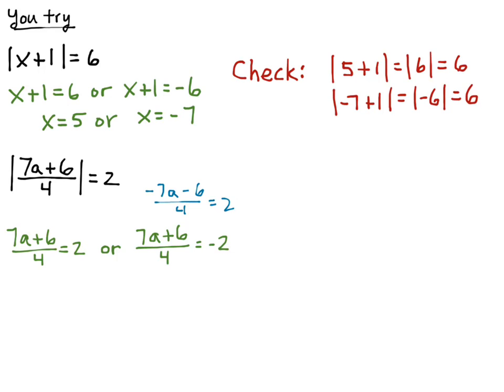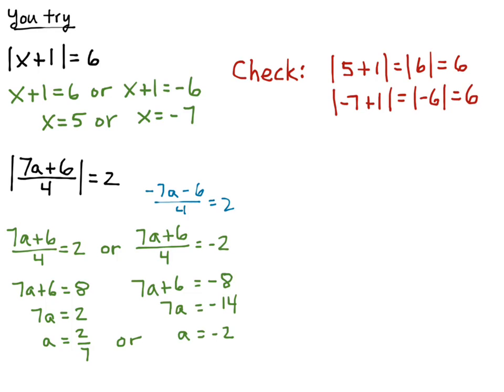Now, the key thing that I want you to know about handling these is, there it's worked out, and you're going to have both the recording and the notes posted after class. So the key thing that I want you to know about this is do not do operations that remove things from inside the absolute value to the outside first. Sometimes you can get away with it if you're really careful about it.